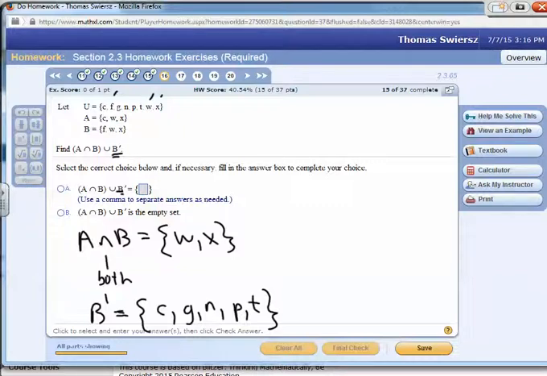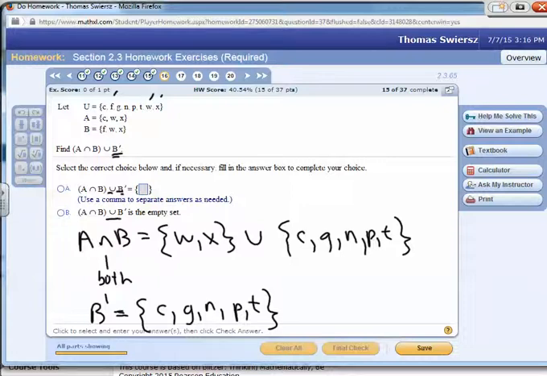Okay, now where we're at. We've got A intersect B, which we've done, WX, and then we've got to union it with B complement, which we just did, C, G, N, P, T. Now we're doing the union, the last step right there.